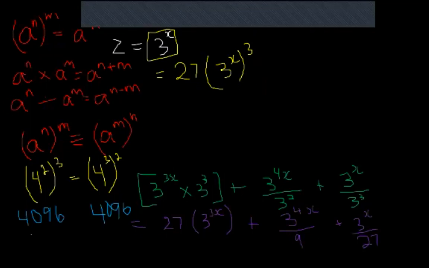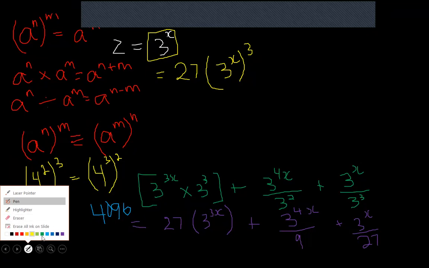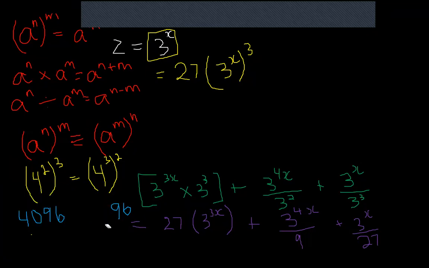If you don't understand how I did that, let me know. Let me just erase some things on the board because it's kind of confusing. Okay, let me continue now. Saying 3 raised to the power of 3x is the same as saying 3x cubed, according to my rule.